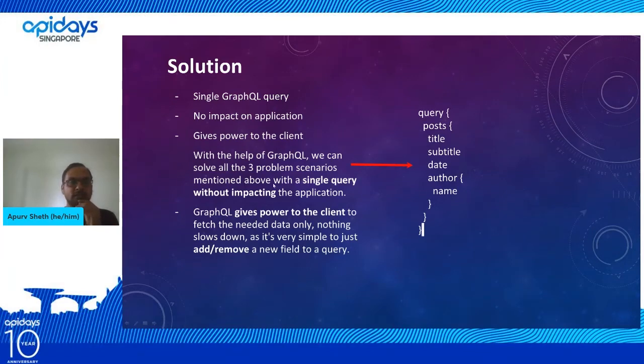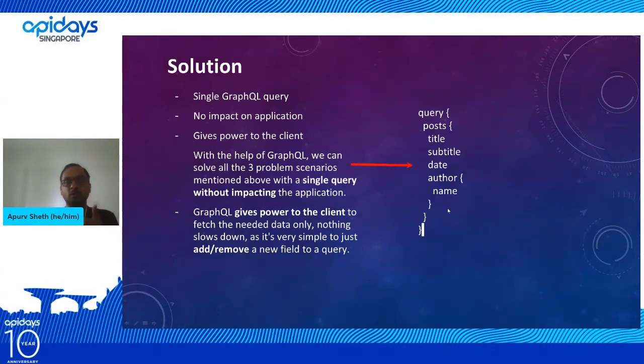So here, with that single query, without impacting the application, there won't be any impact on any other API endpoints or the backend of the application APIs. We simply expose the required attributes, and the consumer can get any of those attributes which are required.